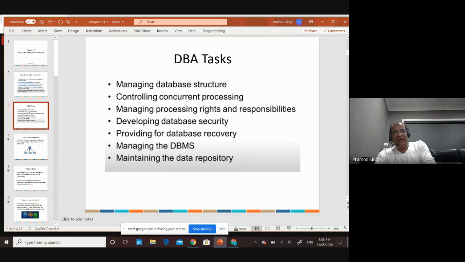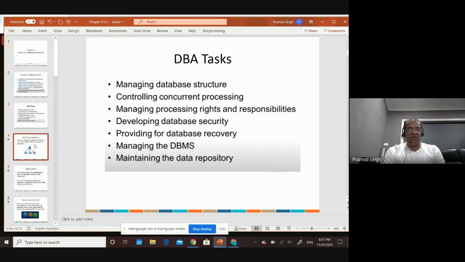Recovery happens if the database fails or some failure happens at the hardware or software level, and that recovery is also done by the DBA. The DBA also manages the DBMS, the database management system, by installing patches or changes, and updating and changing data repositories, which is done on a regular basis.